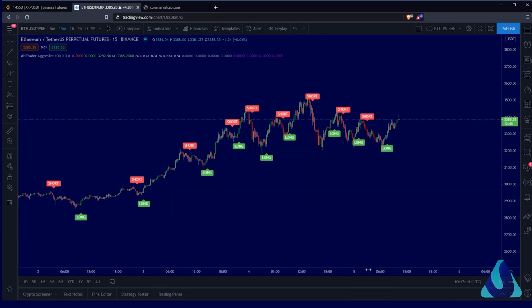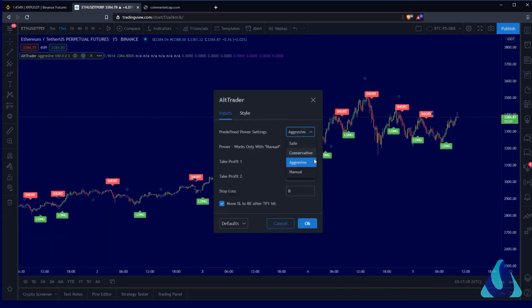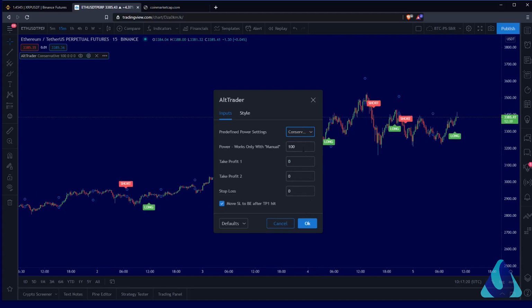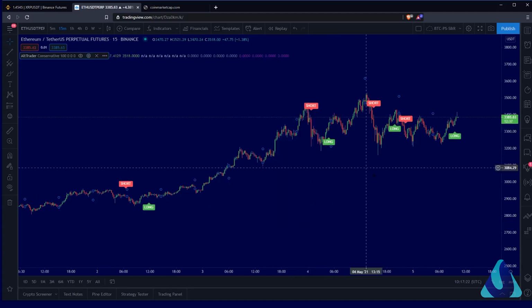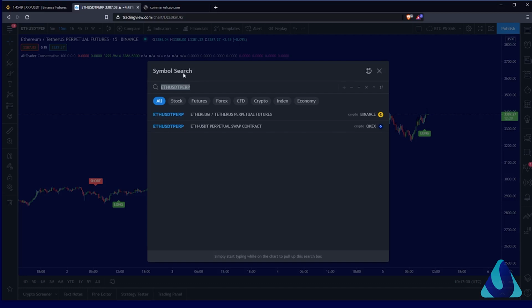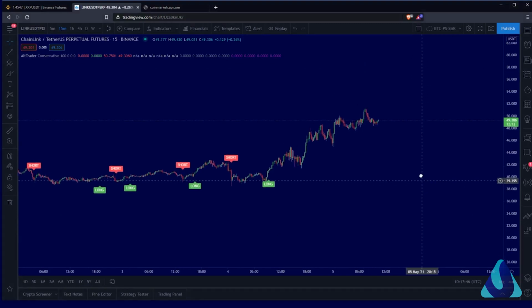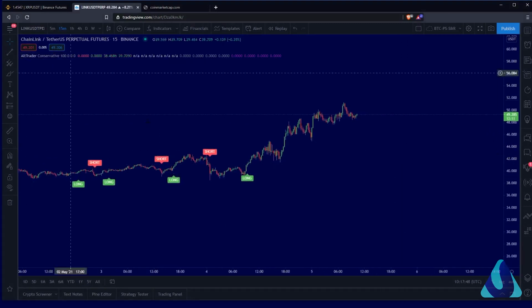So let's say, for example, we change some of the settings here. So conservative, power 100. Okay. And you can see again how we can draw trend lines on any chart that we want to test. And here's another example. So 15-minute chart, we've got these set up now.